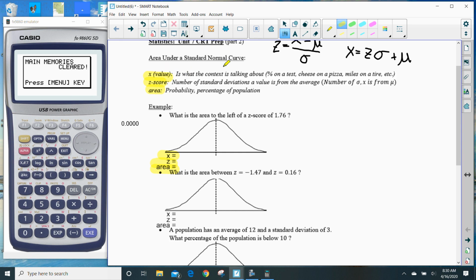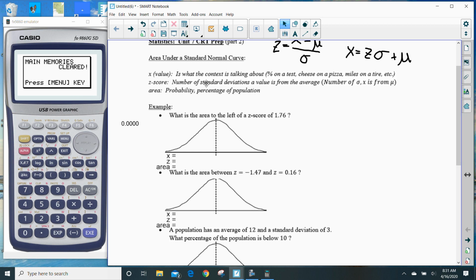An x value is what the context, what the story is talking about. It's hard to pin down an actual definition, but I say it's like the percentage that somebody receives on a test, the cheese on a pizza, miles on a tire. Whatever the story is talking about in the question itself.